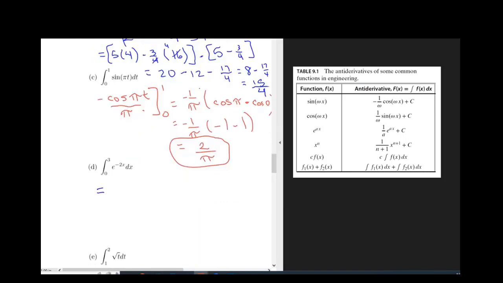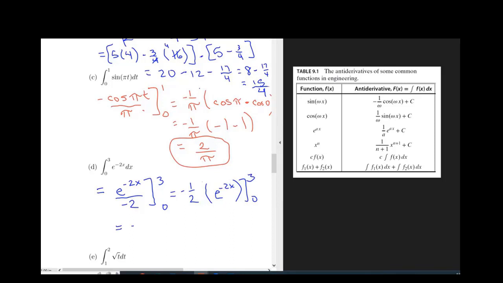Again, I want to integrate this. I have a formula for that. I say that's e to the minus 2x divided by minus 2. And I evaluate it between 0 and 3. This equals minus 1/2 times e to the minus 2x, evaluated between 0 and 3.